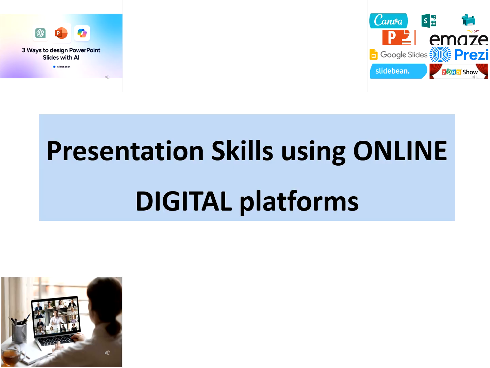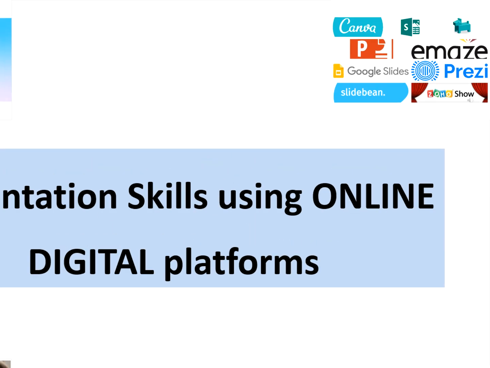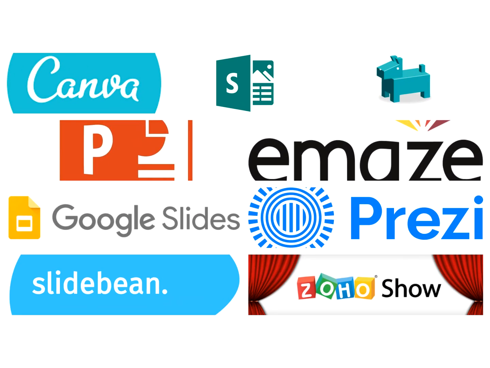So now, starting with the online digital platforms where we can present, which we can use to prepare our presentations. They are Canva, Google Slides, Emails, Prezi, and so many others.